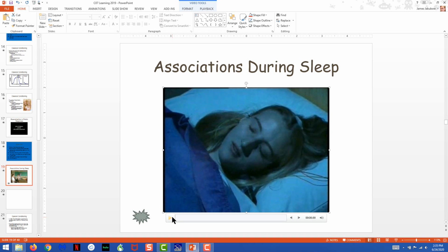So if there are just two sounds in the environment, like the sound of a clicking clock and a person speaking, those two things will simply become associated together.